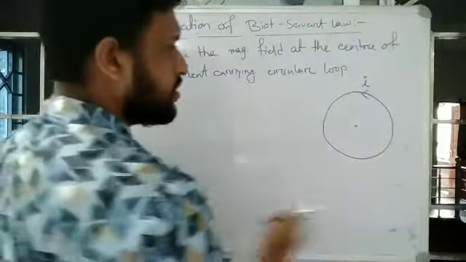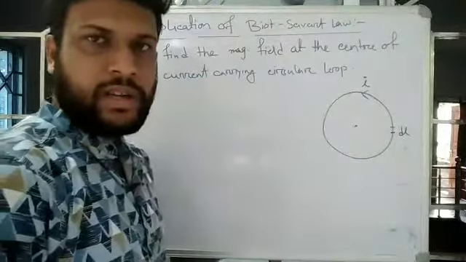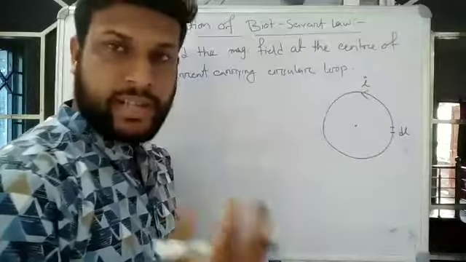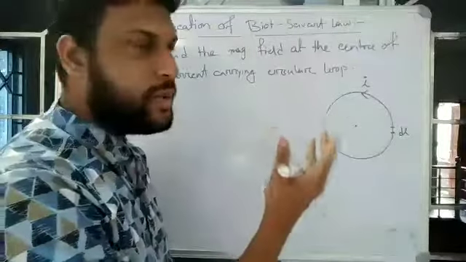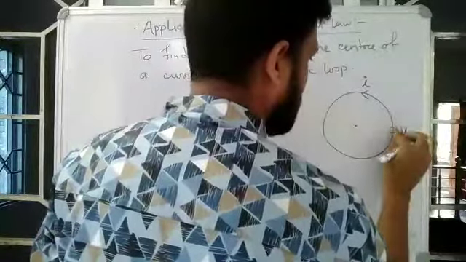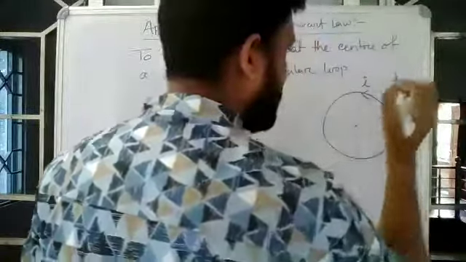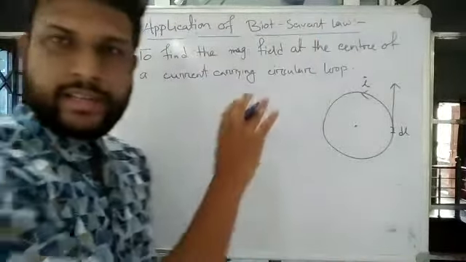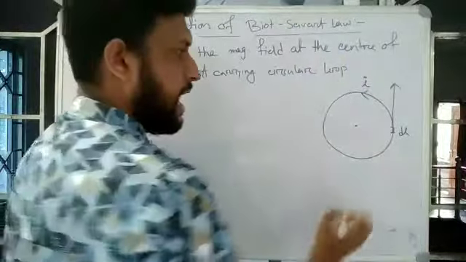So let us suppose the line element is somewhere here. What is the direction of this dl? Along the tangent. So at this point the tangent will be like this.